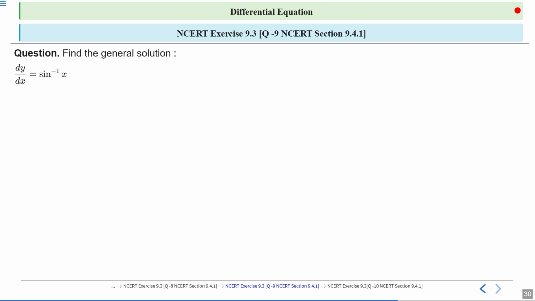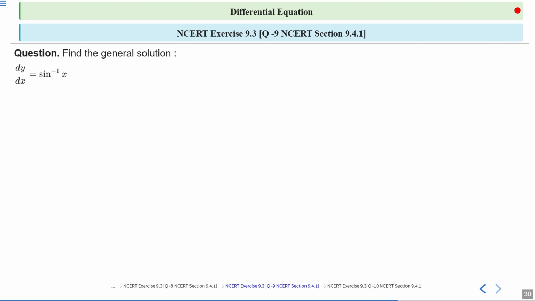We can apply the variable separable method if the differential equation is of the type dy by dx is equal to f(x,y), and if we can separate the function f(x,y) as g(x) into h(y), that is a product of two functions, where g is the function with variable x and h is the function with variable y. So if we write the differential equation dy by dx is equal to f(x,y) as dy by dx is equal to g(x) into h(y), then we can apply the variable separable method.